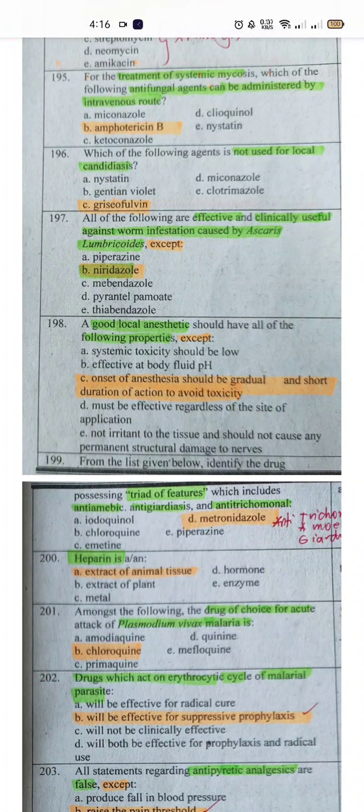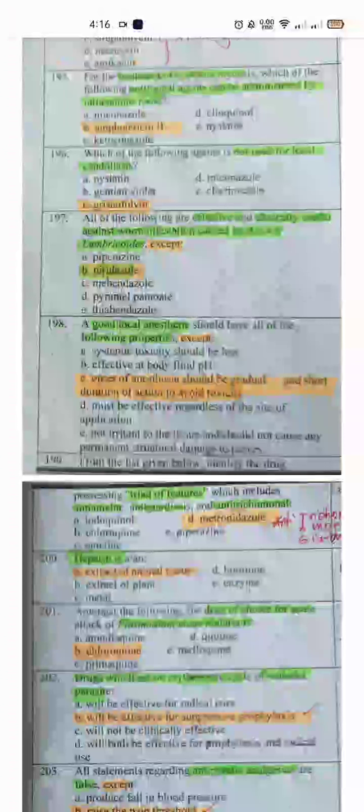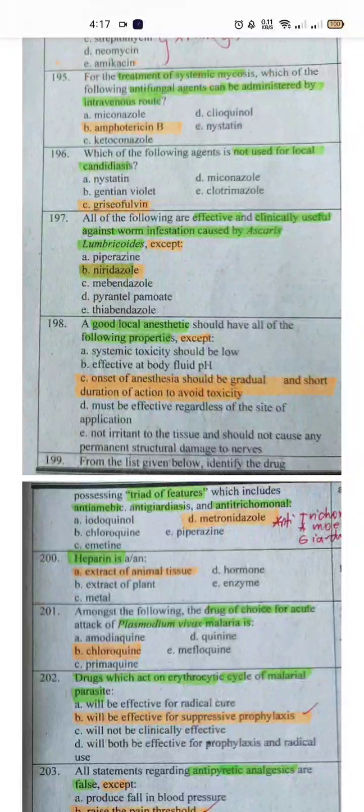199. From the list given below, identify the drug possessing the triad of features, which includes anti-amoebic, anti-giardiasis, and anti-trichomonal. It is metronidazole.